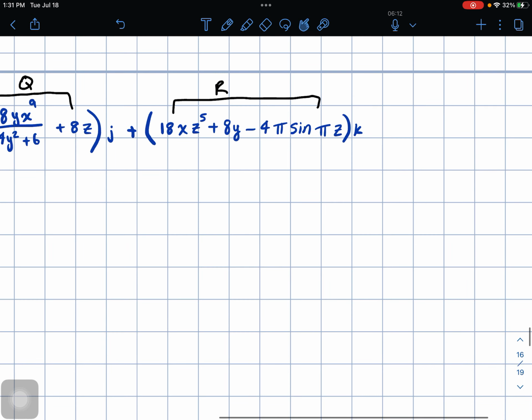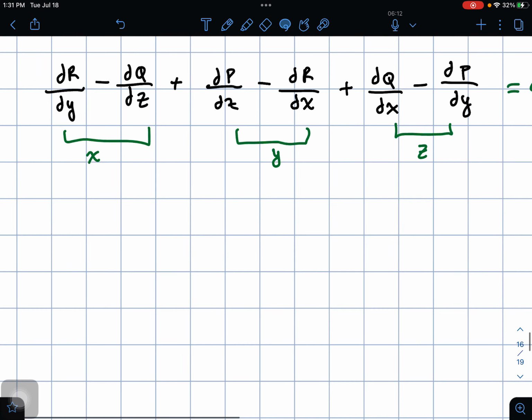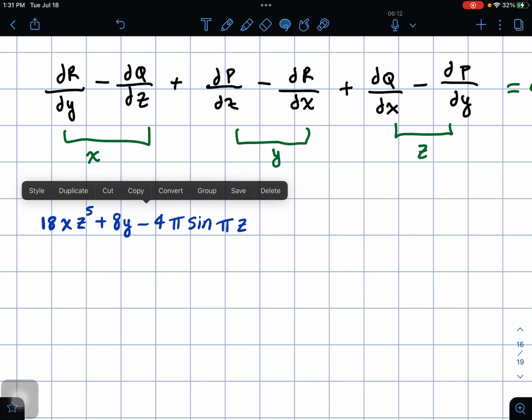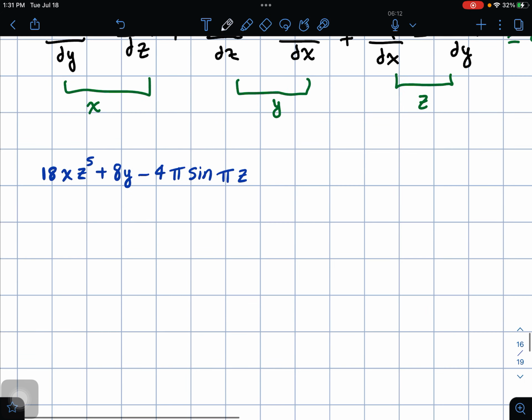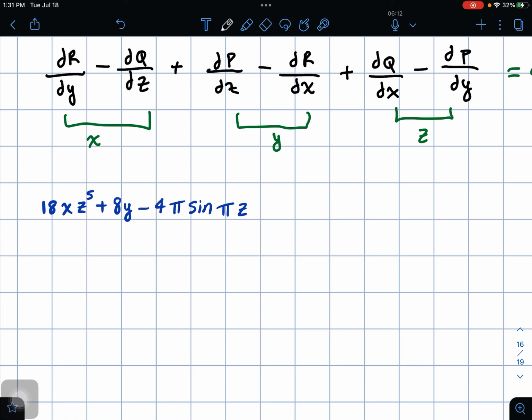So this is going to be del R del y. With respect to y, this is 0, this is 0, this turns to 8. So 8. Just gonna erase this and put this minus.